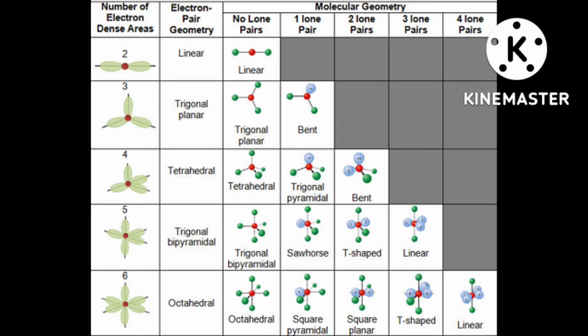Now third postulate. These pairs of electrons tend to occupy such positions in space that minimize repulsion and thus maximize the distance between them.